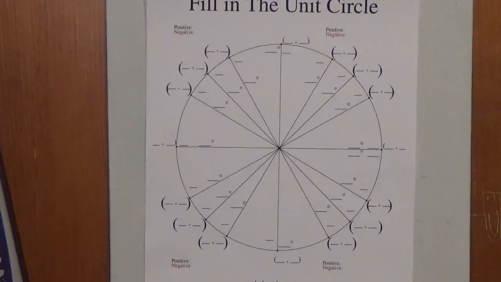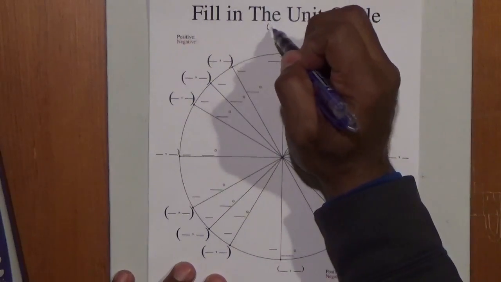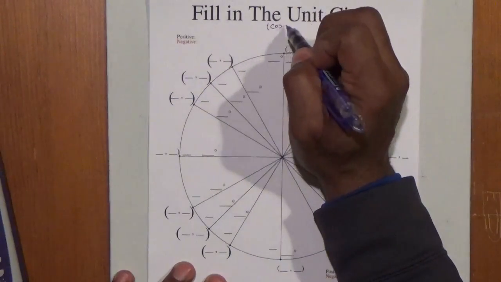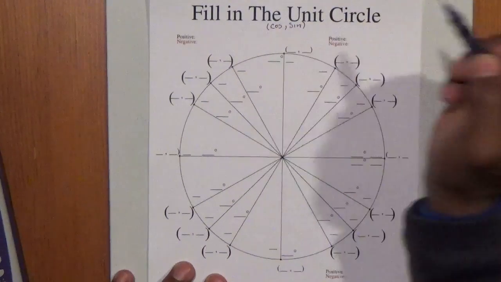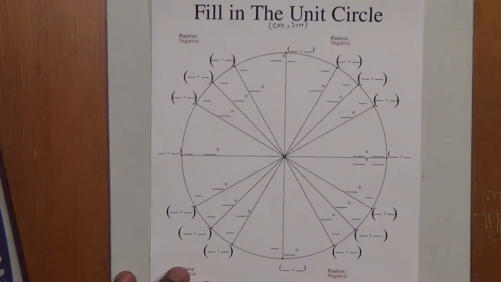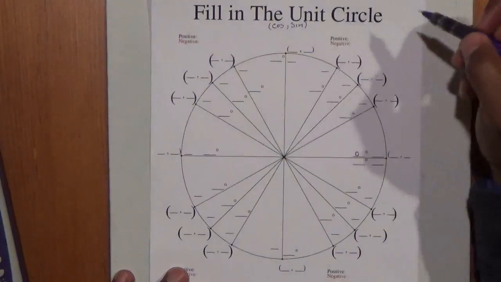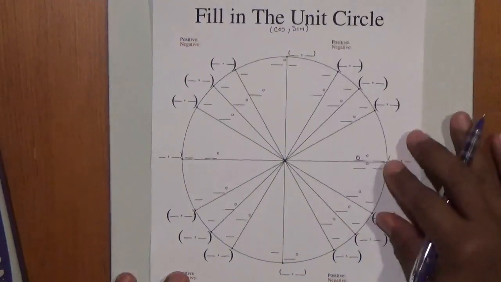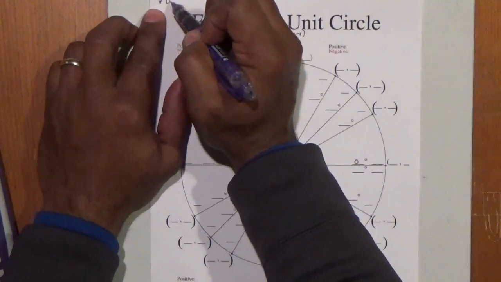All right, so let's go. First thing that we write is that our ordered pairs are cosine, comma sine. We're going to do this inside out, so we're going to look at our degrees first. Going 0 degrees here.